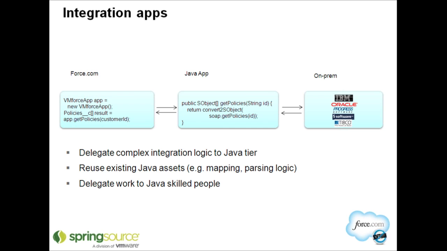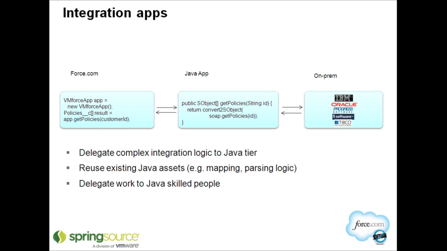Very typically, large organizations have existing applications, very often Java applications, that have the ability and the knowledge to connect to those on-premise applications. You don't necessarily want to rewrite all of that logic. With VMforce, you might deploy that Java app into the cloud and use Force.com and the ability via JPA to reach out and connect to those Java apps to get your logic and your information.